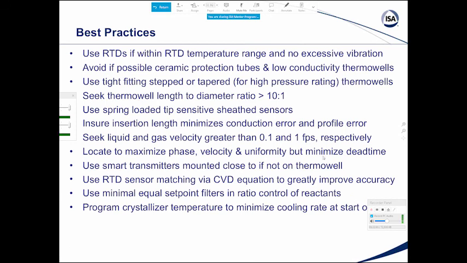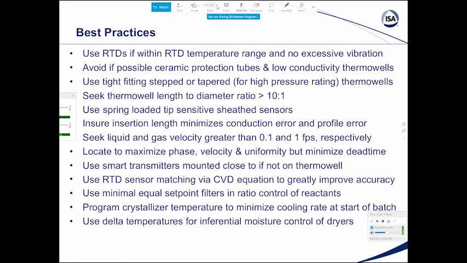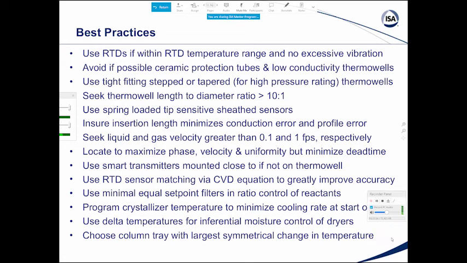Program crystallizer temperature and minimize cooling rate at the start of a batch. Use delta temperatures for inferential moisture control of dryers. And choose the column tray with the largest symmetrical change in temperature for temperature control.